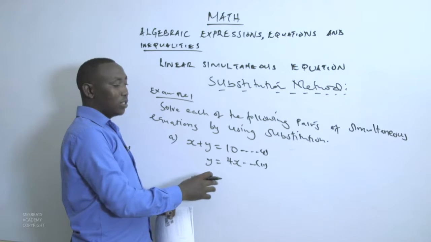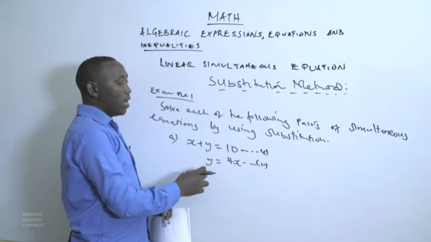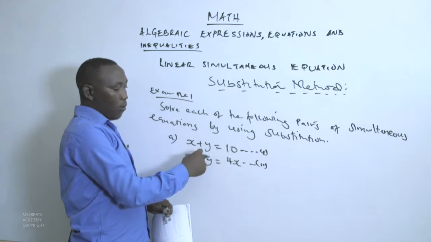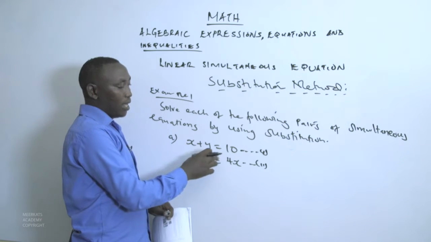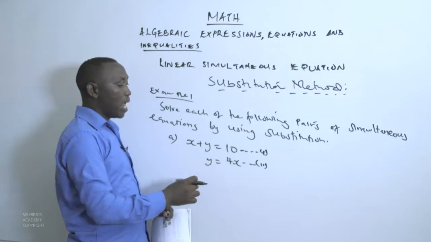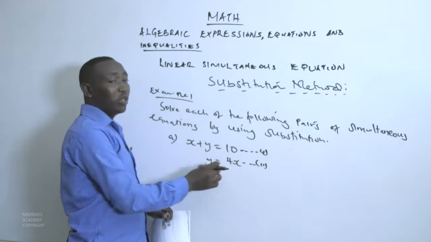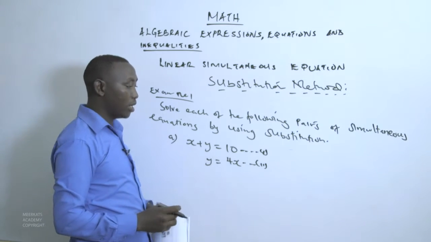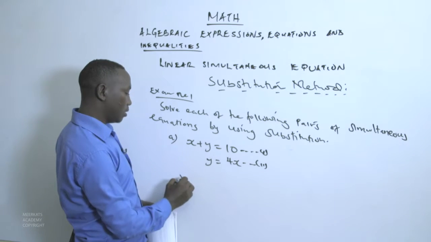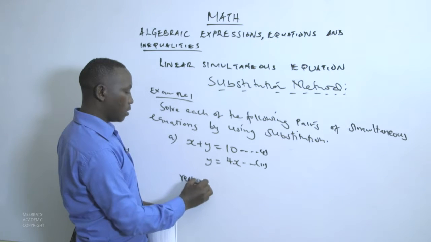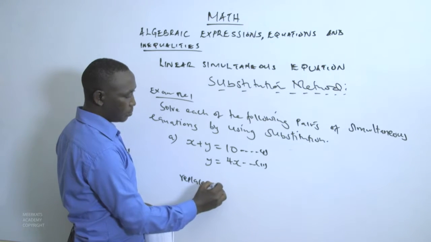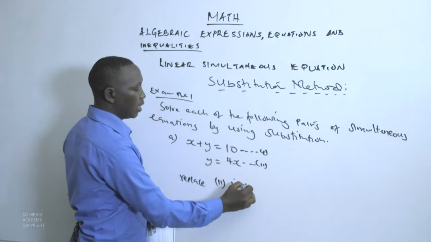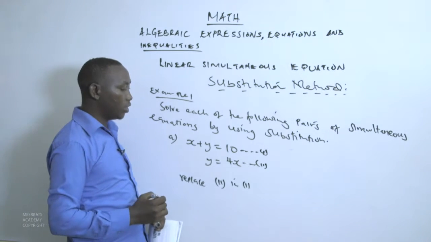Therefore, we're going to go directly to the second step of making the replacement. Where there was y in the first equation, we replace it with the value of y, which you have found to be 4x in the second equation. So replace equation 2 in the first equation.